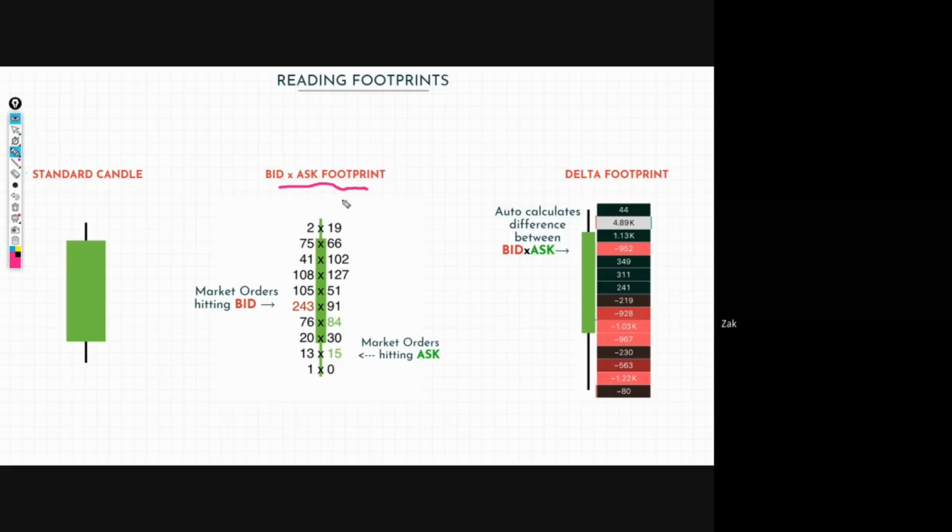I do not use this footprint. What I use is a simplified version of the same information. I use a delta footprint. Delta is just the difference between a bid and an ask. So instead of us having to calculate the difference between 20 and 30 in our heads, it's 10. What this is doing is it's just calculating the difference for you.